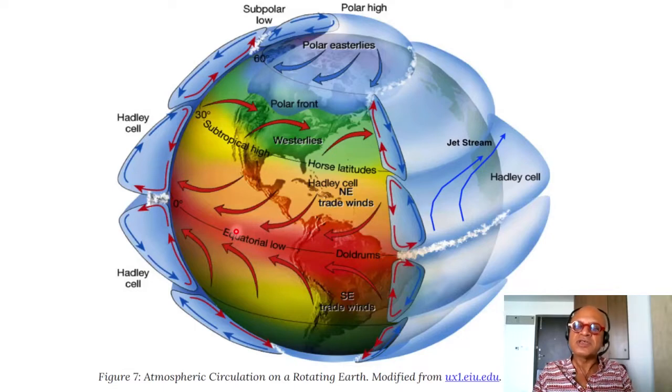Ocean water will also experience Coriolis when the winds begin to drag it. What should happen? The water just to the north of the equator is going to be pushed to the north. Water to the south of the equator is going to be pushed to the south.